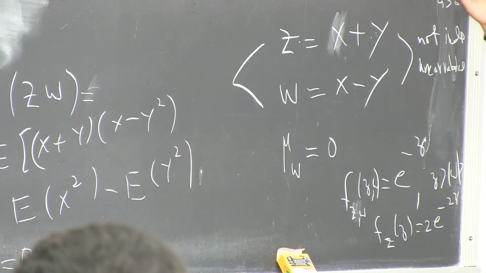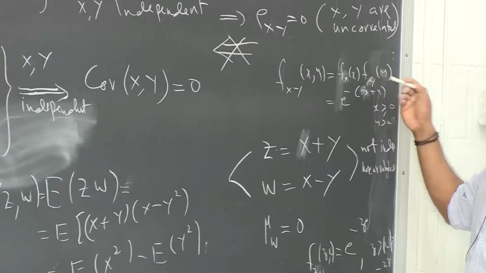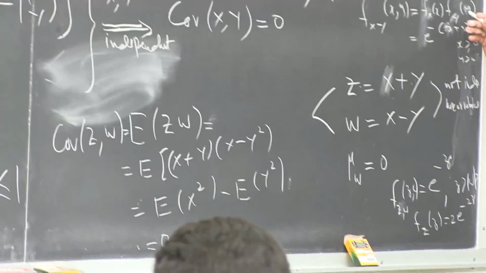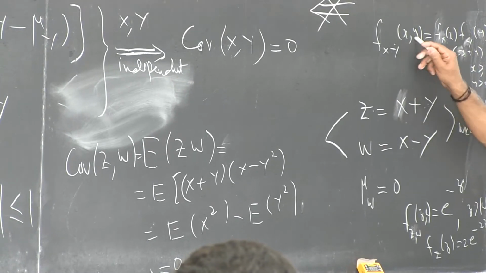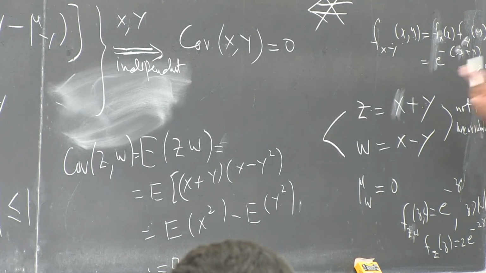So what is the moral of this story? You start with two identical random variables. It doesn't have to be exponential; it could be Maxwell or any identical, independent random variables, so that their joint density function is the product. Then you know that each of them has the same mean and the same variance.